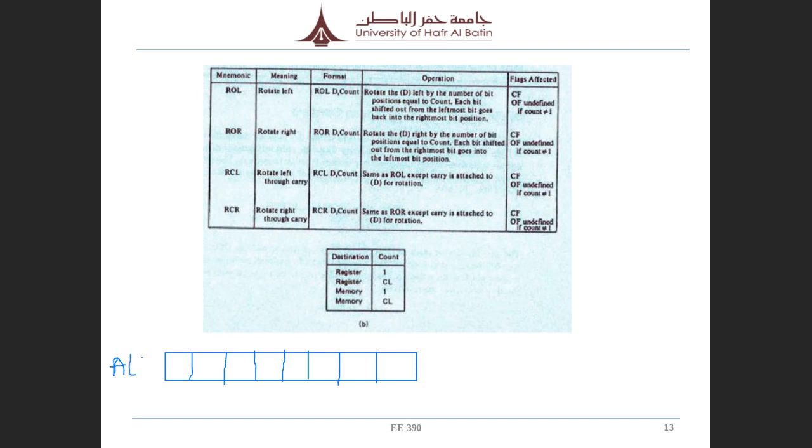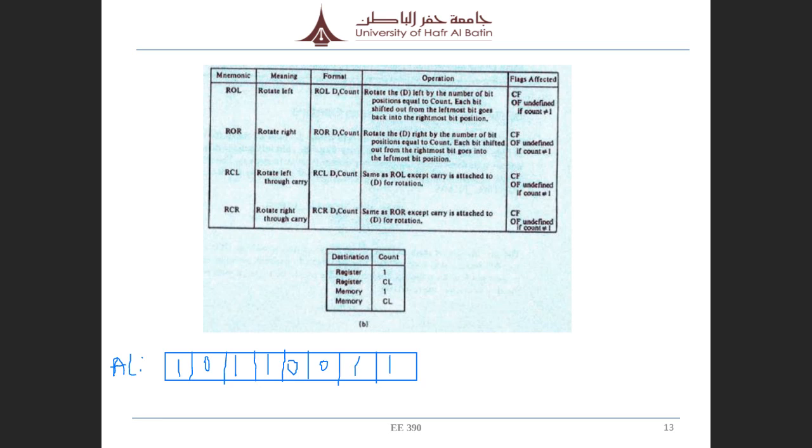For example, this is the AL register value, something like 1 0 1 1 0 0 1 1.